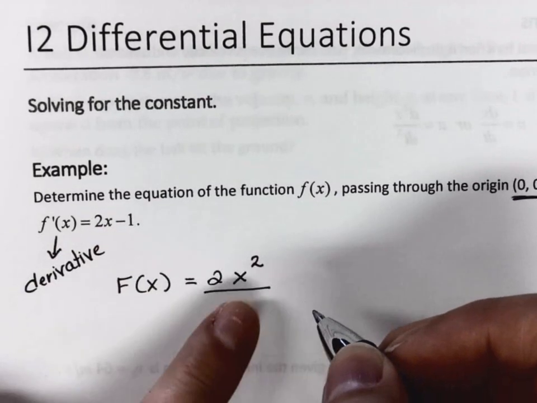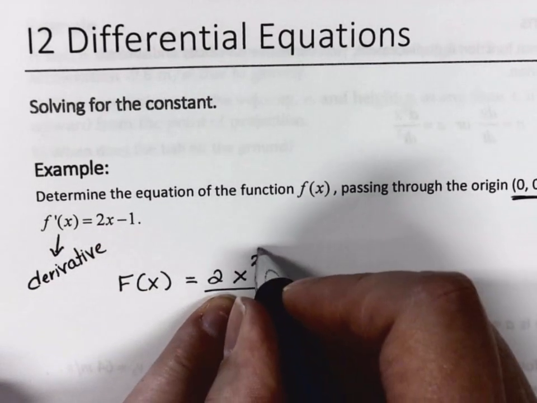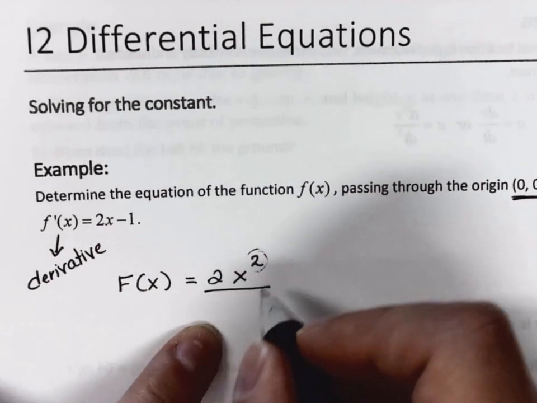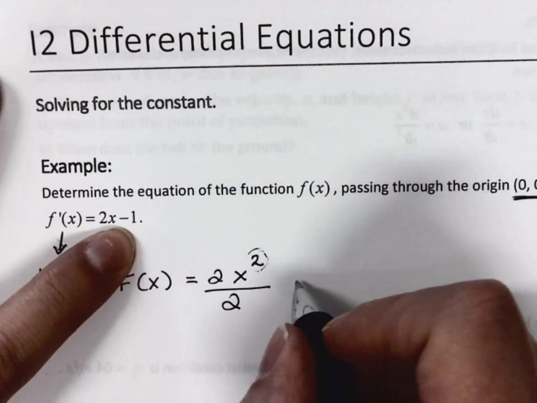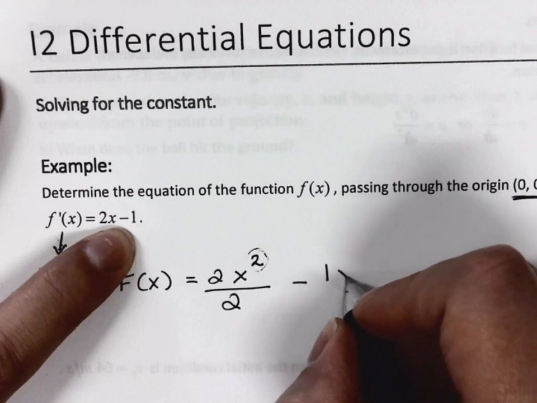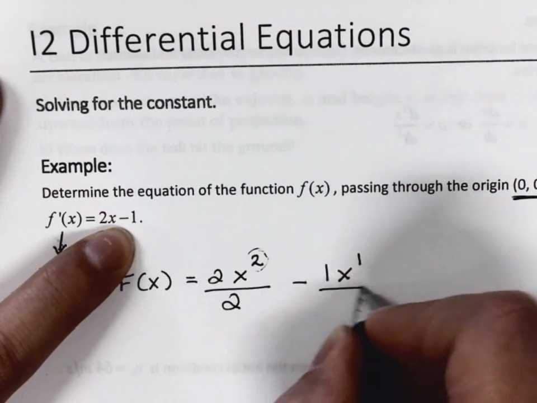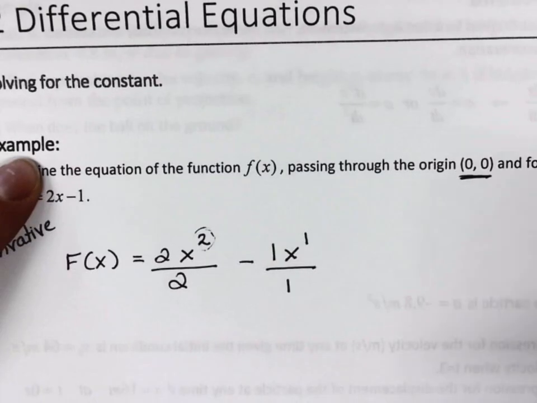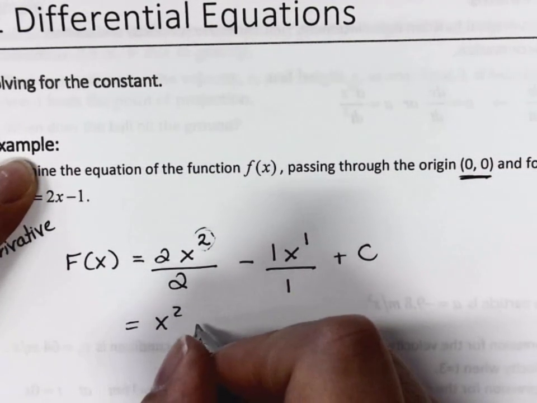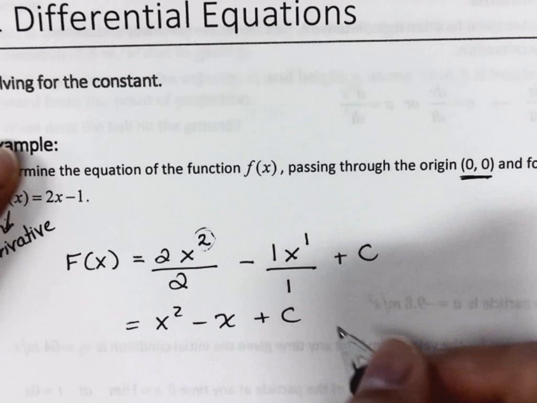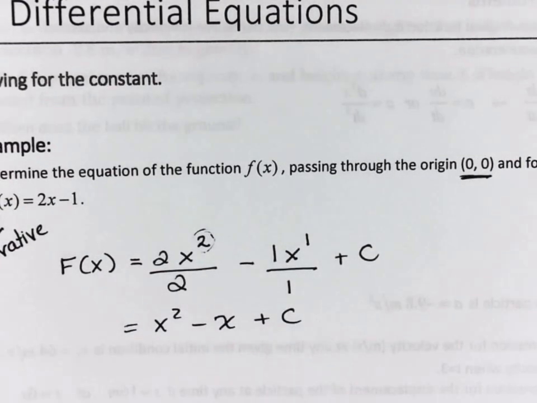And what do we divide by on the bottom? It's 2, because of that exponent of 2. And then we're going to keep the minus 1. This would be x to the 1 now, divided by 1, plus a constant. So we're going to have x squared minus x plus some constant.